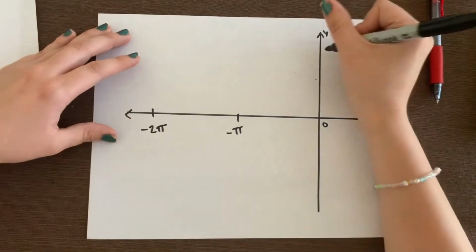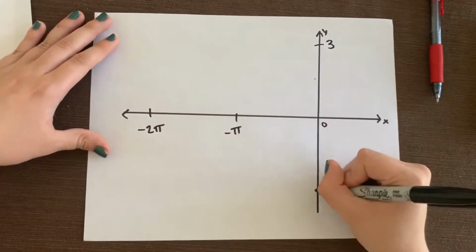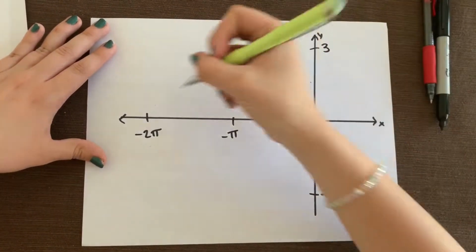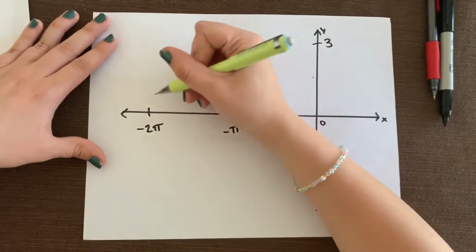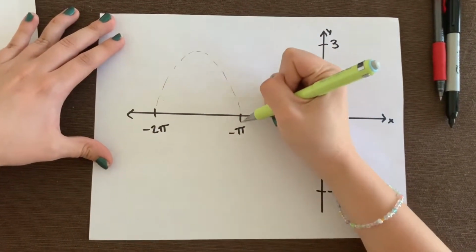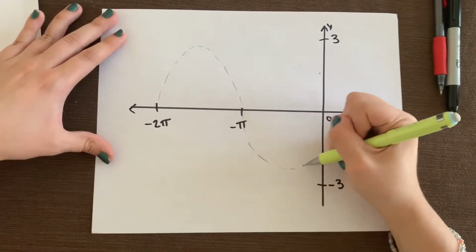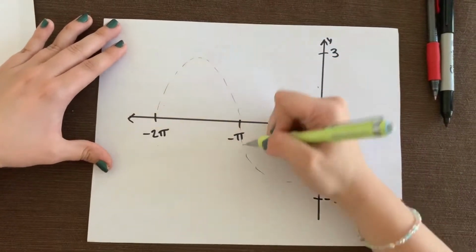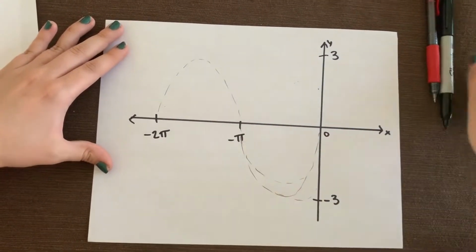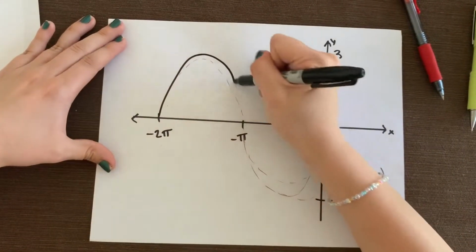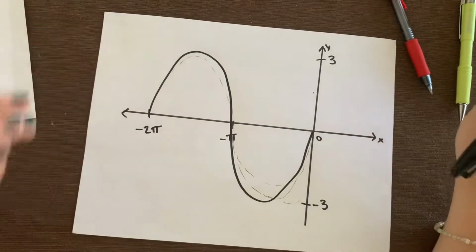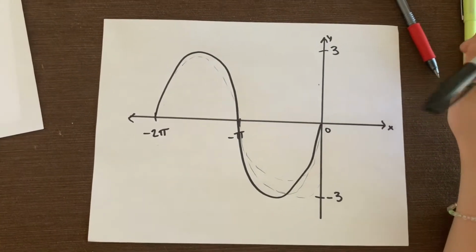So the amplitude is 3, so we're going to write 3 at the top and negative 3 at the bottom of the y-axis, and then we're going to graph normally the way we did on the other side. We're just starting at a different place. Oh, and remember to go all the way up to the 3, which is the amplitude. So then it would just be like this, and that would be your graph of y equals 3 sine x plus 2 pi.